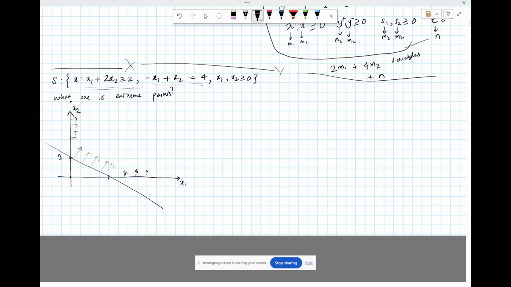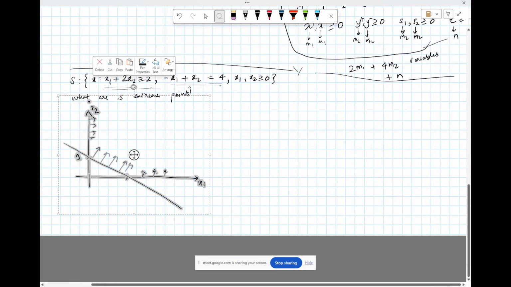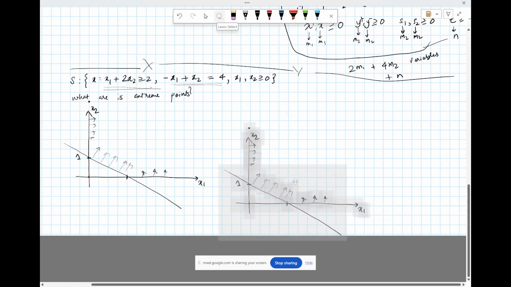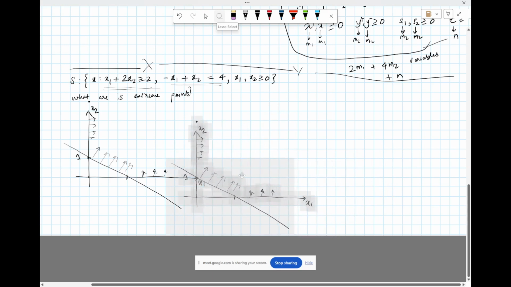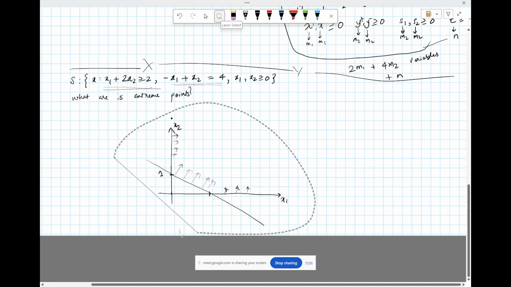And for x1, I put x2 equal to 0, I get x1 equal to minus 4. So it will be somewhere over there. Let me shift this plot and try to align it.